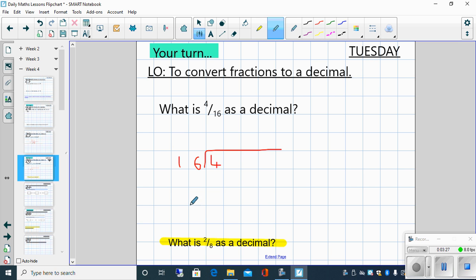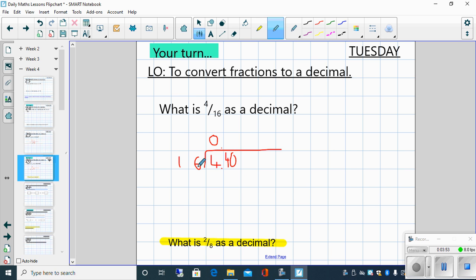We keep 16 as a whole. So how many 16s go into 4? Well, we know that is 0. So we then need to put our decimal point in, and our decimal point there. And we need to put our place value holder in there, and we need to exchange for 4. So we now have 40 tenths.